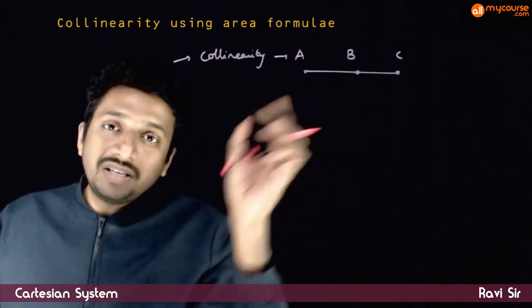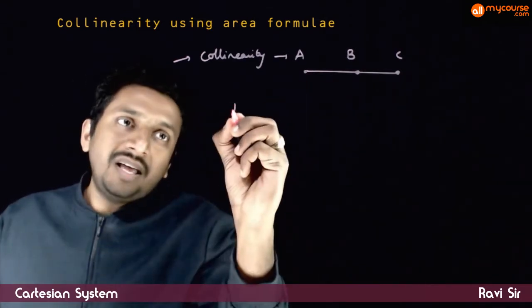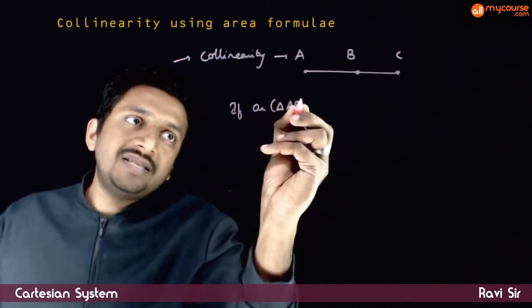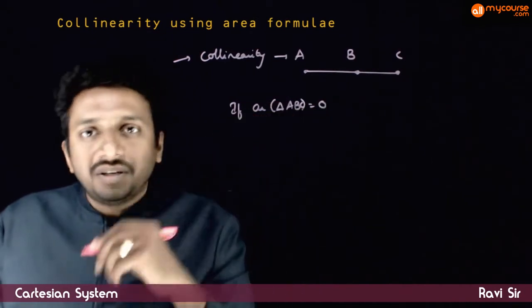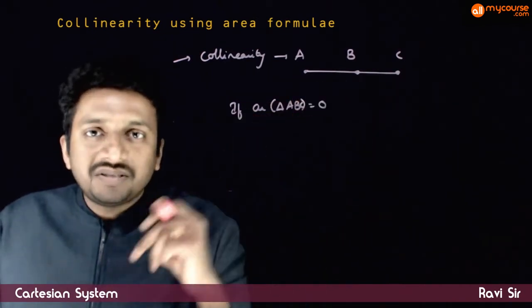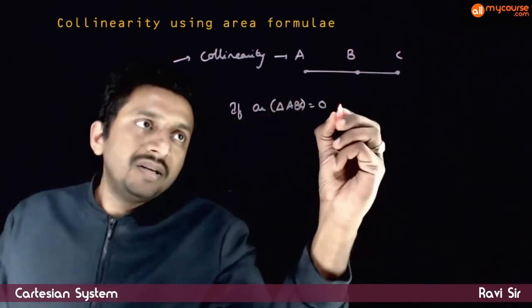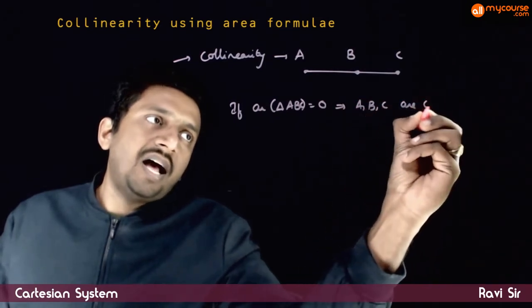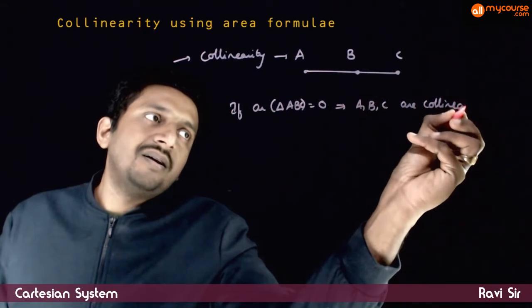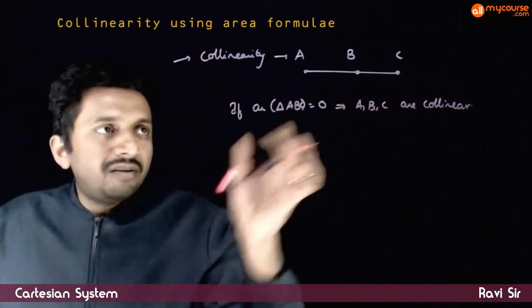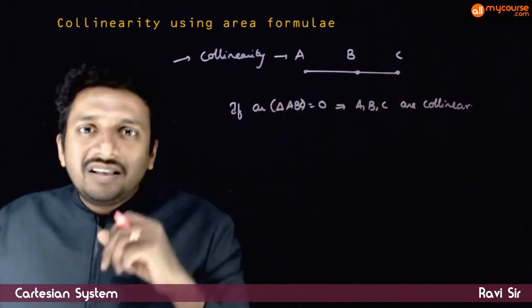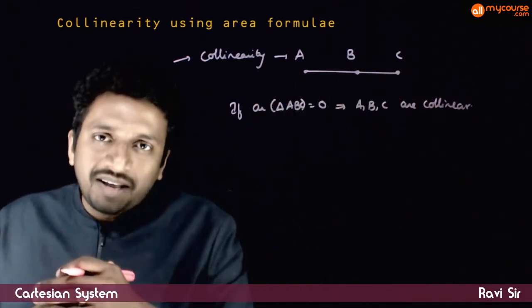If area of triangle ABC is equal to 0, this implies A, B, C are collinear. Obviously, if triangle ABC has area 0, that means all these 3 points have to lie on a straight line.